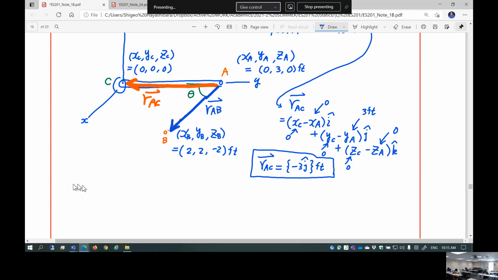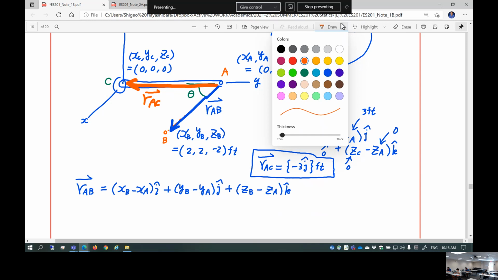How about RAB? Position vector AB. This is once again the position vector from A to B, but to find it you do XB minus XA of I, YB minus YA of J, plus ZB minus ZA of K. And then it's going to be easier.